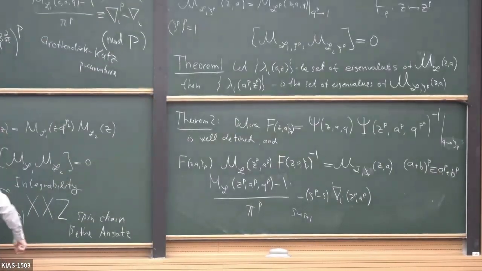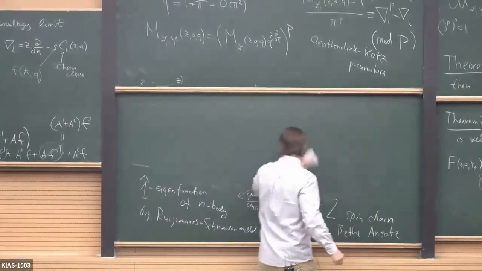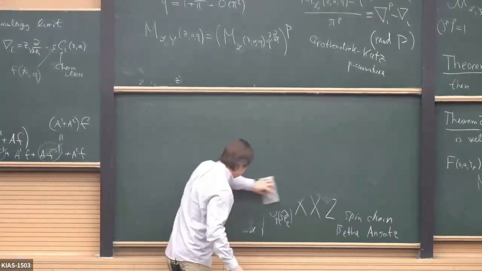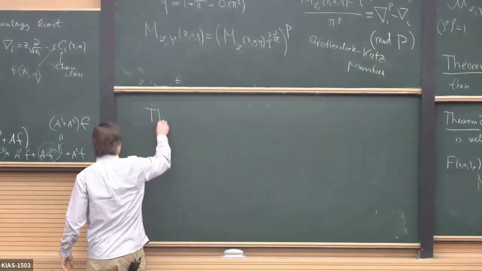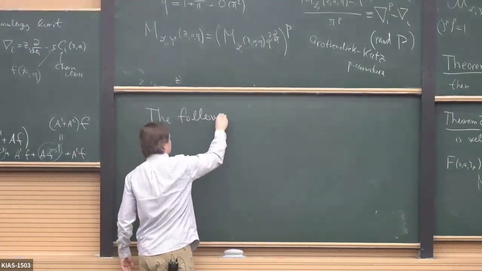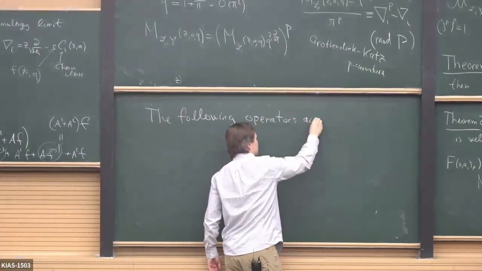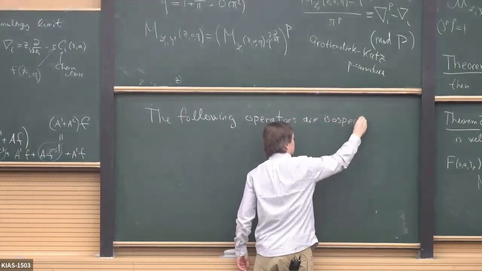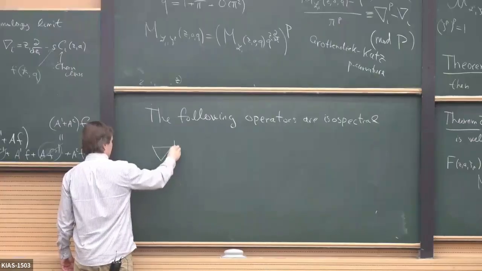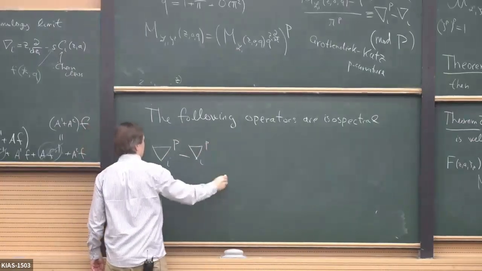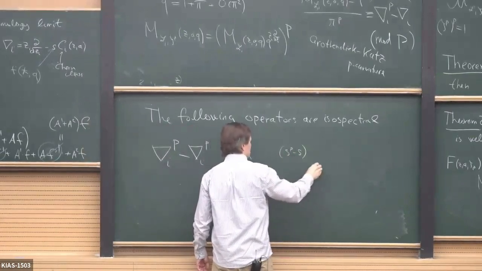One is called the Grothendieck-Katz p-curvature.